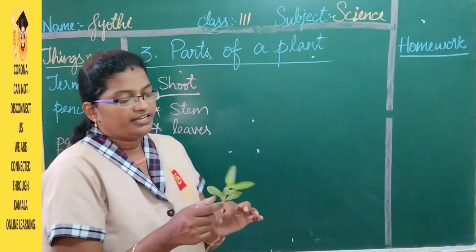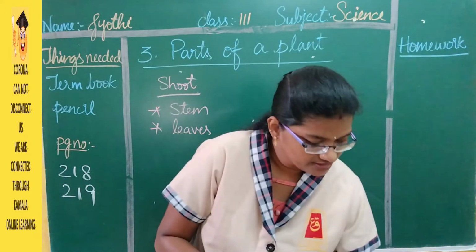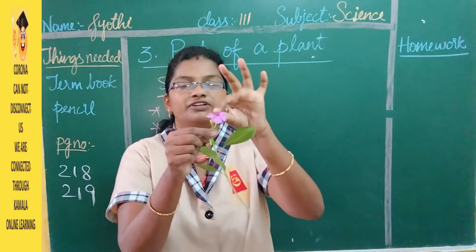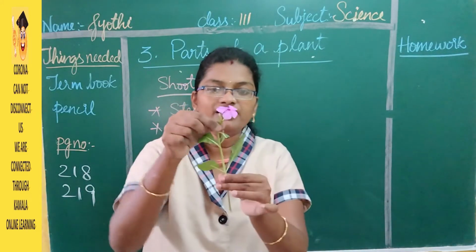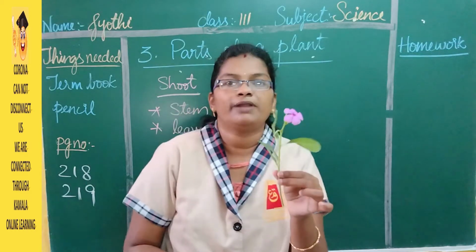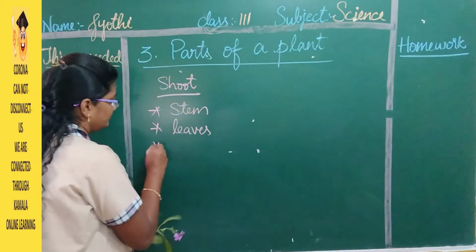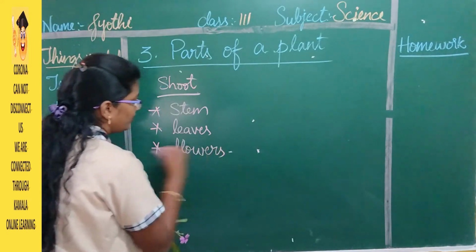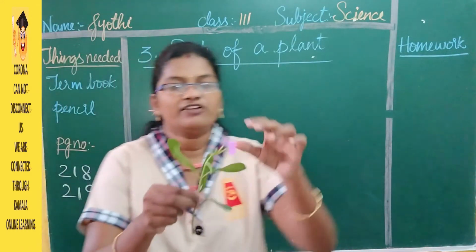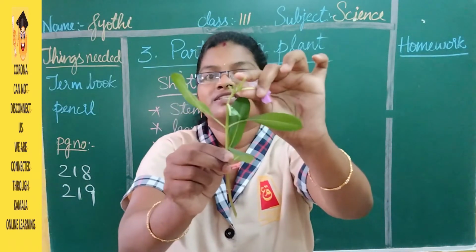Okay. Then for this leaf, later you can see the flowers. What are these? Flowers, the very bright and colorful part of the plant. And near these flowers you can see small buds.